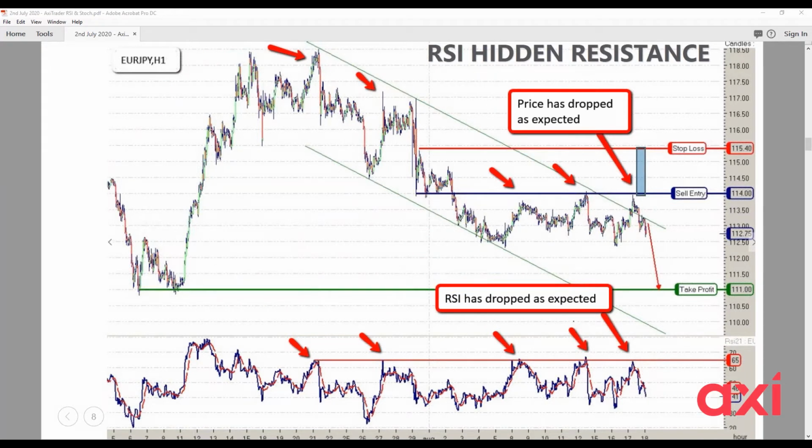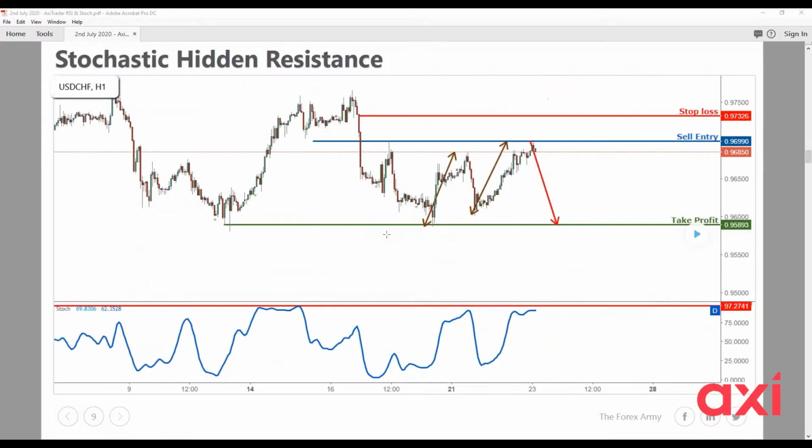And so just like RSI, our good friend Stochastic, right, has hidden levels of resistance too. Now, you will always notice that what I'm showing you here always comes with a strategy, right? So, guys, look at this. Who can tell me what kind of resistance is this?